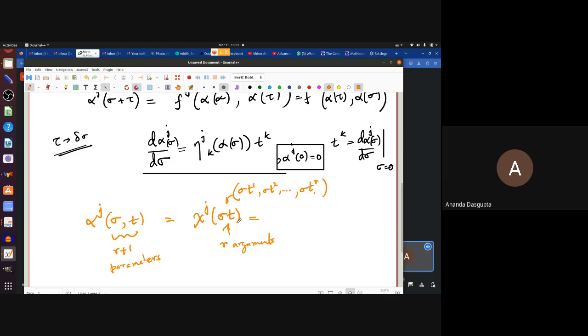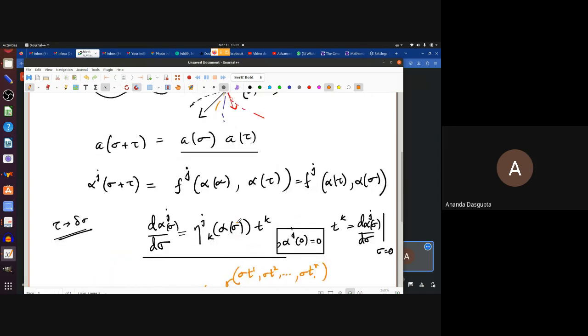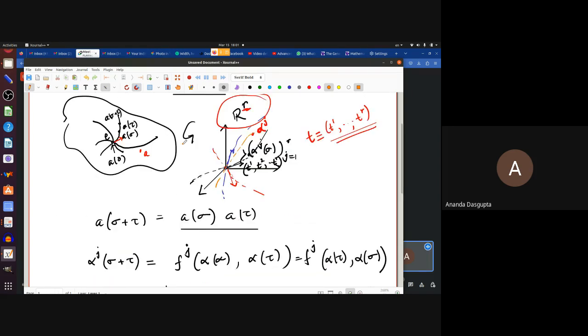And from the equations which chi j has obeyed, we argue that it should always be possible, given a point A in the neighborhood of the identity with coordinates alpha j, to get a situation like this. Alpha j will be chi j of t. In other words, you will be able to find that one parameter subgroup which actually goes through the point alpha j when sigma is equal to 1.